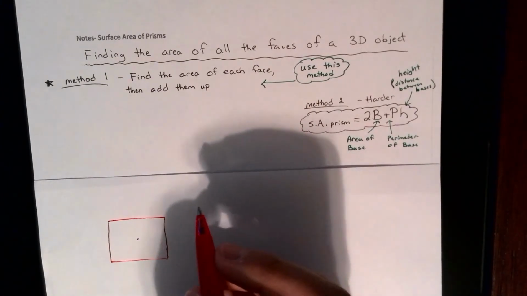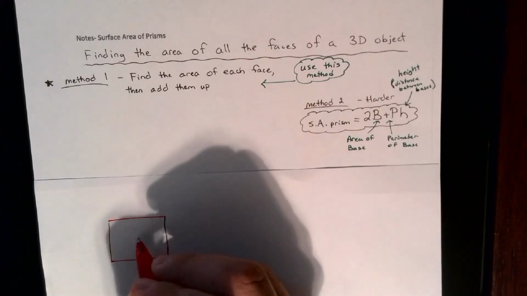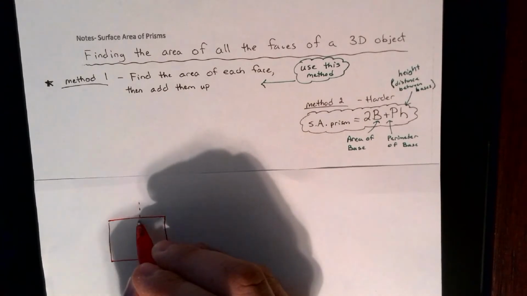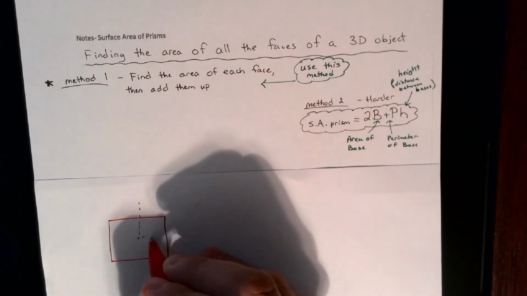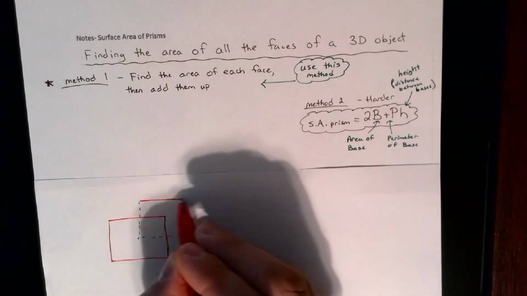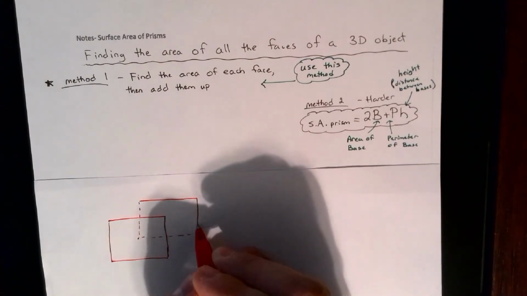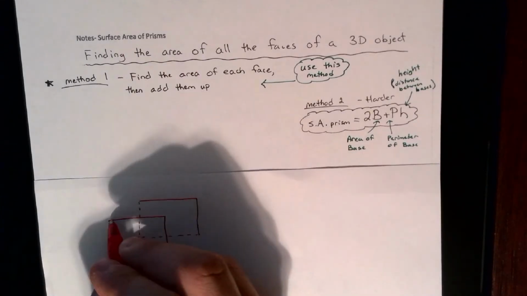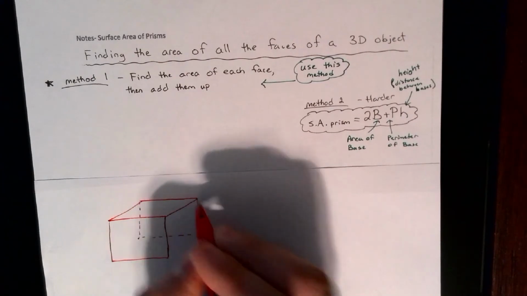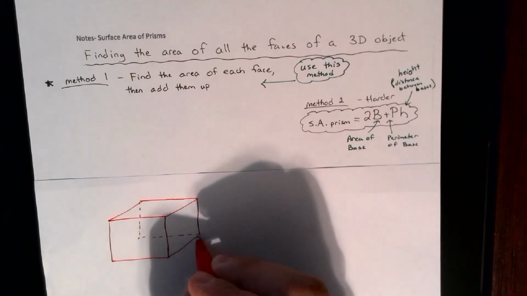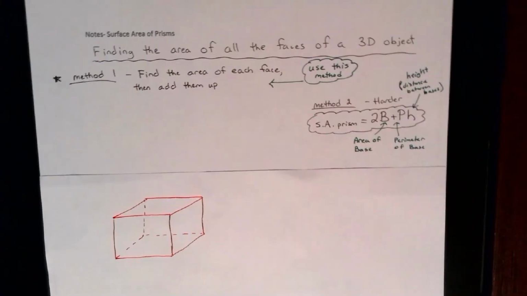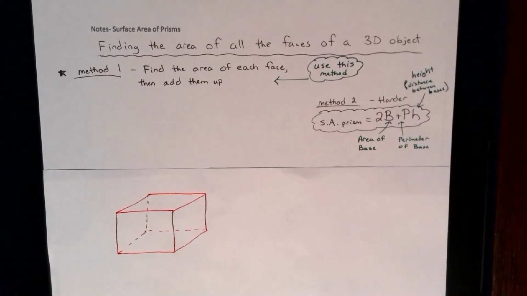A hint is to try to make it about the same size as the front one. I'm going to make these 2 sides dotted, and I'll make these sides solid. Then connect the front corner to the back corner on the 2 rectangles, and where the 2 dotted lines meet, make another dotted line. Ta-da, there's your 3-dimensional rectangular prism.